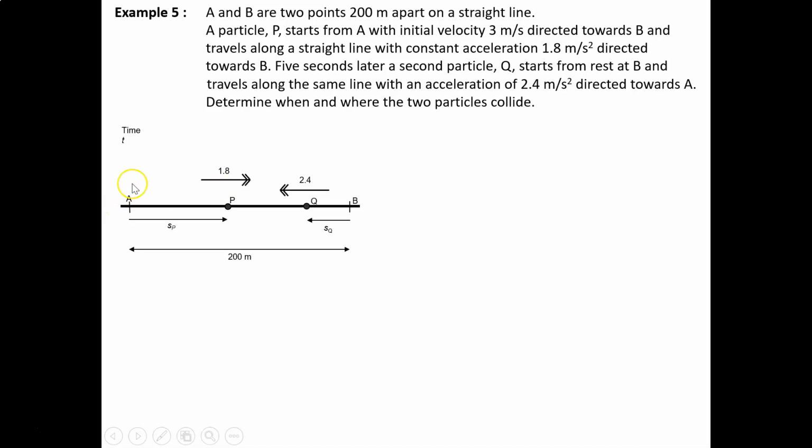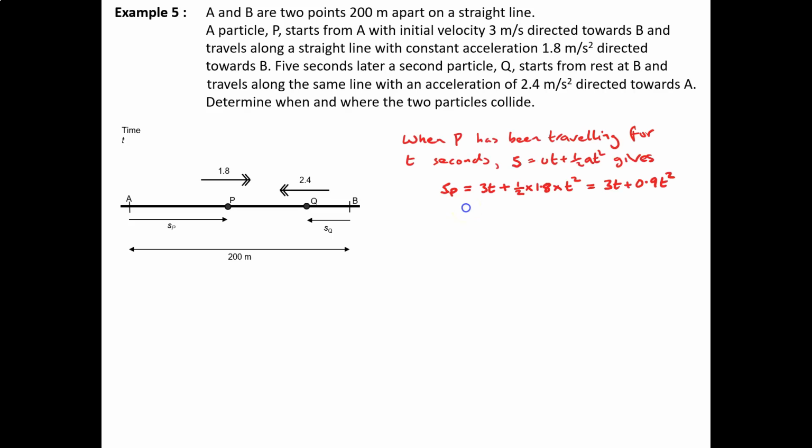It's got initial velocity of 3 as well. Q starts from rest, so that starts at u is 0. It's got an acceleration towards A now of 2.4. And its displacement we're going to call SQ. And then when SP and SQ add up to 200, they should collide.